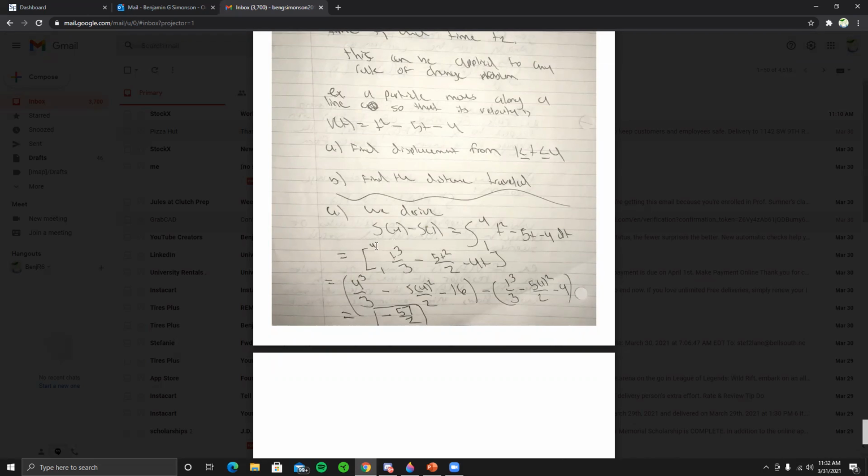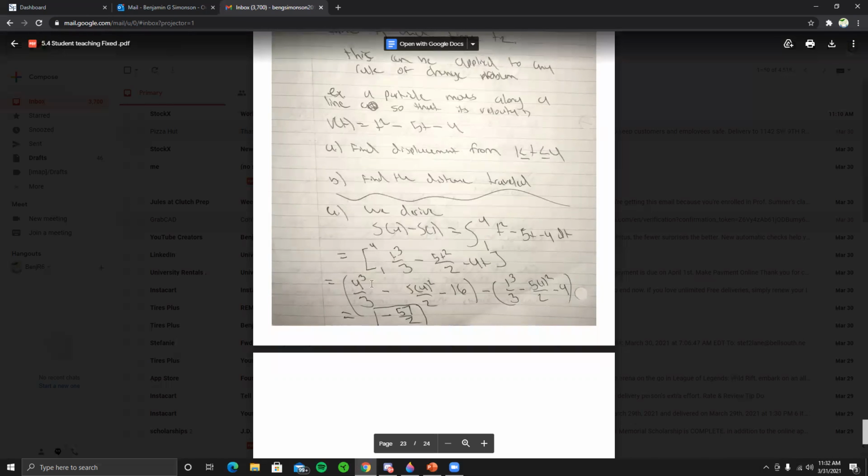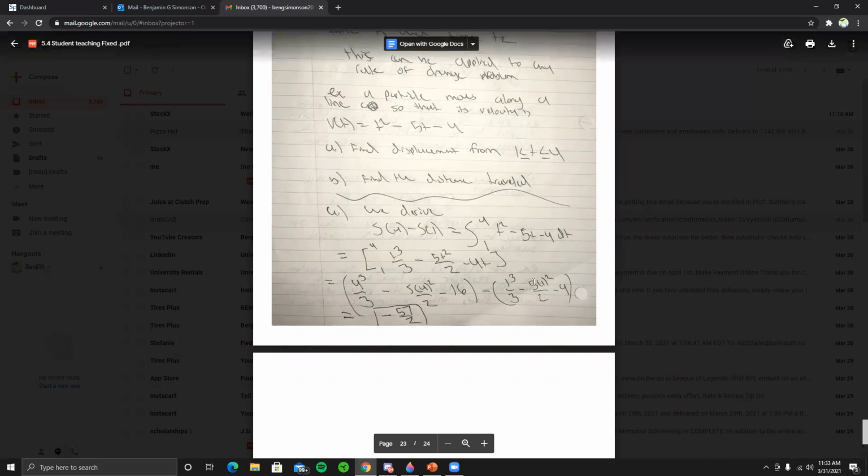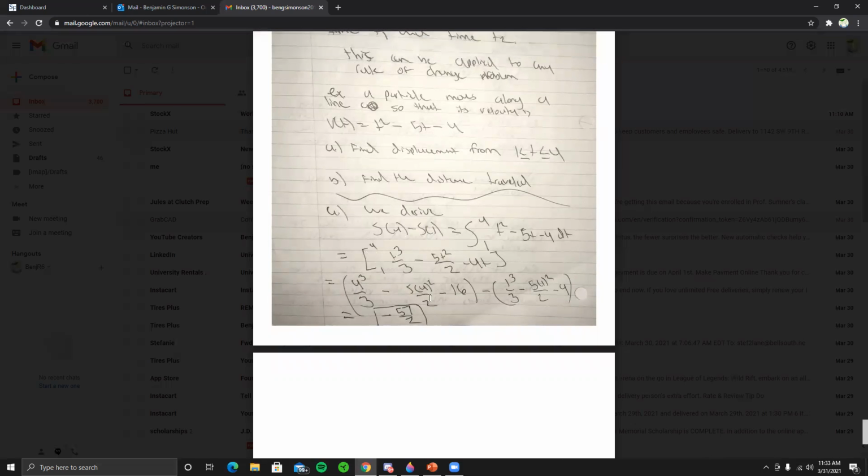And we would evaluate at the different values. So first it would be the upper bound, so F of b, minus the lower bound, so F of a. So you plug in 4, which is the b value, into the antiderivative function. So you'd get this minus, once plugging in 1, you get this, and this would simplify to negative 57 over 2.